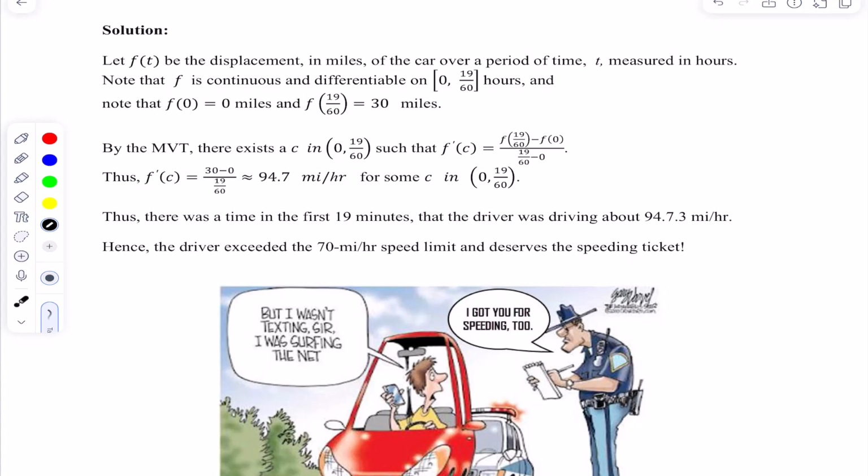Ooh, that's rather fast. Thus, there was a time in the first 19 minutes that the driver was driving about 94 7/10 miles per hour. Hence, the driver exceeded the 70 mile per hour speed limit and deserves the speeding ticket.